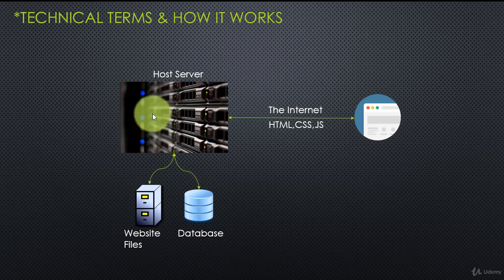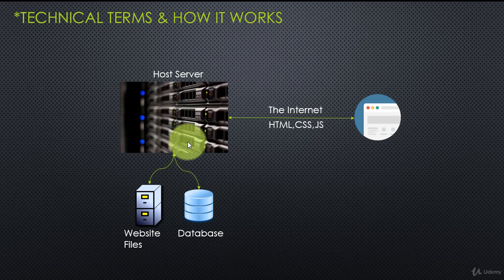So the server, which is going to be the host that you're going to be actually getting, makes a call down to some files, which is your website files. Those are all the code and things that run your website. It also makes calls to what's called a database. And a database is basically like a really smart spreadsheet that links all the information together.